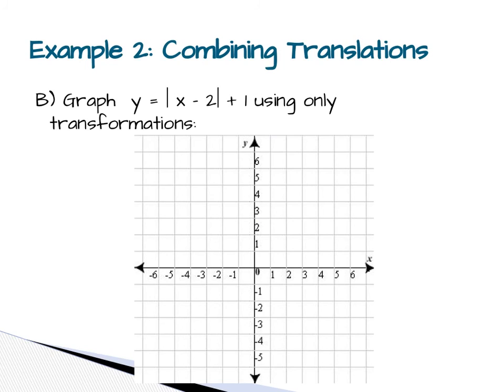Okay, let's combine them again. This one is going to take you up 1, and then the minus 2 is going to go right 2. So instead of at the origin, we're going to go up 1 and right 2. Instead of being at 1, 1, we're going to go up 1 and right 2.